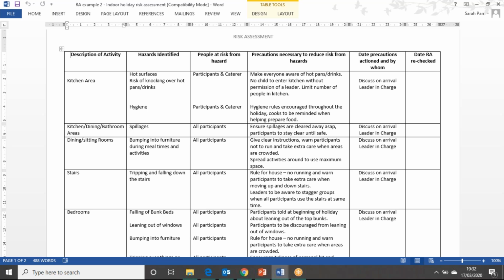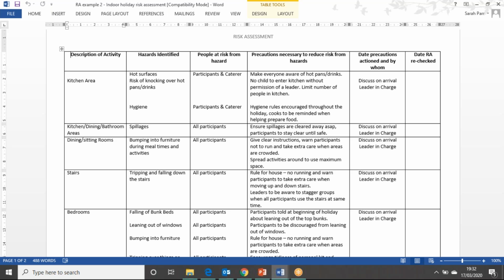What I'd like you to do is take a couple of minutes to have a look through and have a think about, does this actually cover what it needs to cover? Do you think it is acceptable? And if not, why not?